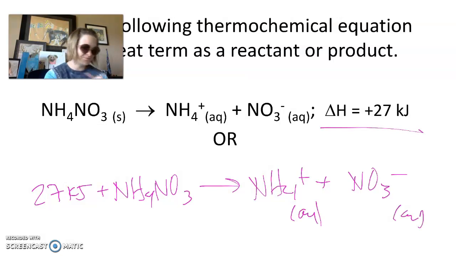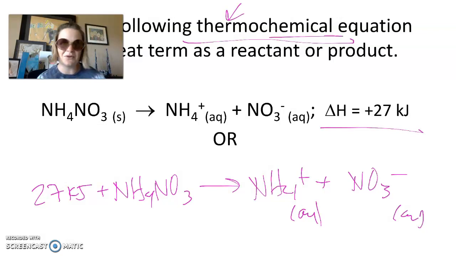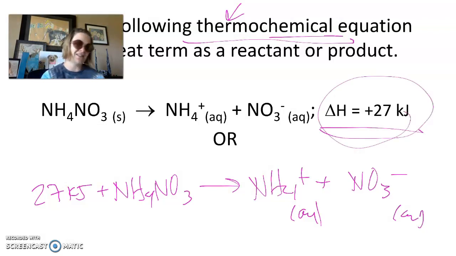Okay. So again, two styles. We call this, just to be fancy, a thermochemical equation because it has energy in the balanced chemical equation. So don't stress too much about that. But what I want us to start to pay attention to is the energy and where that goes and what that necessarily means for us.